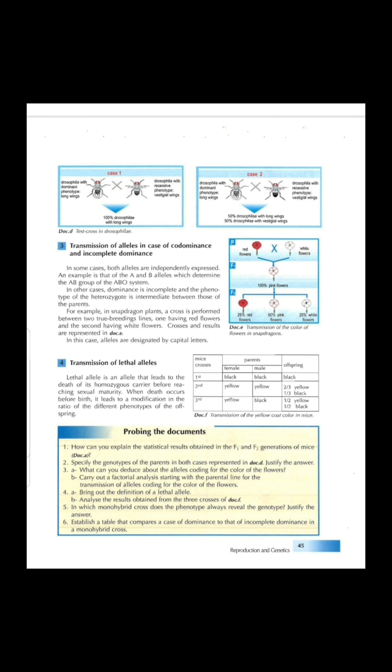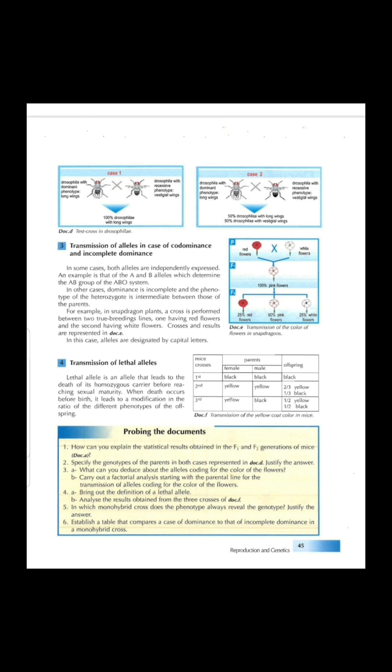In some cases, both alleles are independently expressed. Meaning both of them will express themselves and neither cancels the other, as in the case of dominance. An example is that of the A and B alleles in the blood type, determining the AB group of the ABO system.